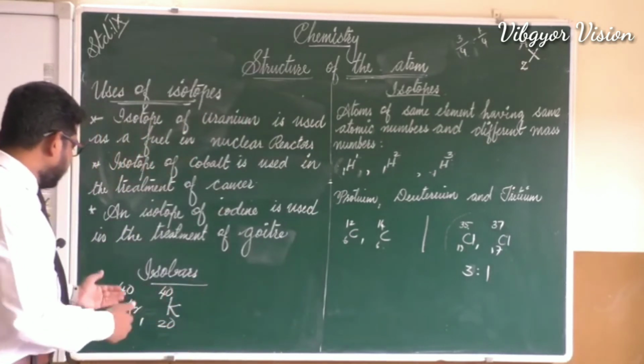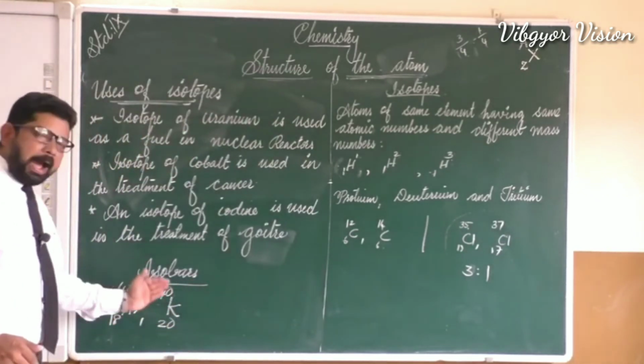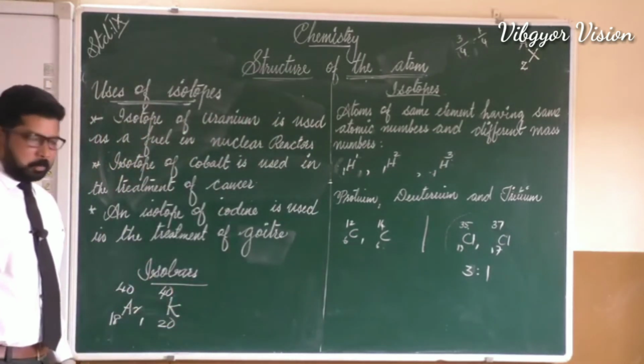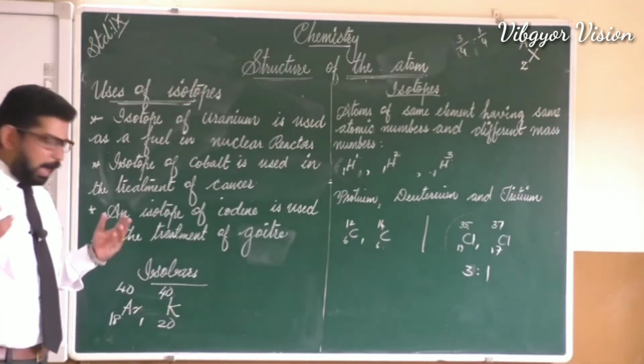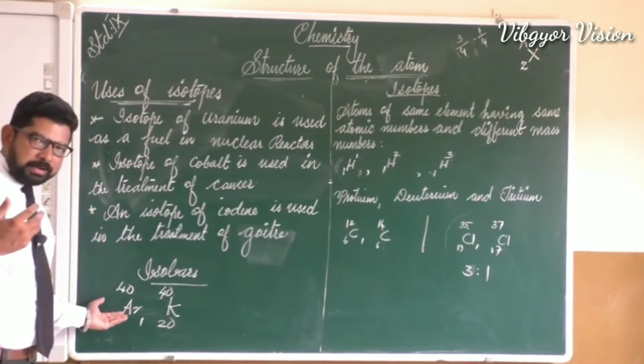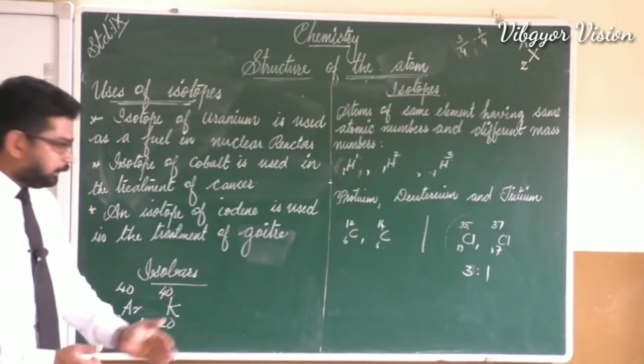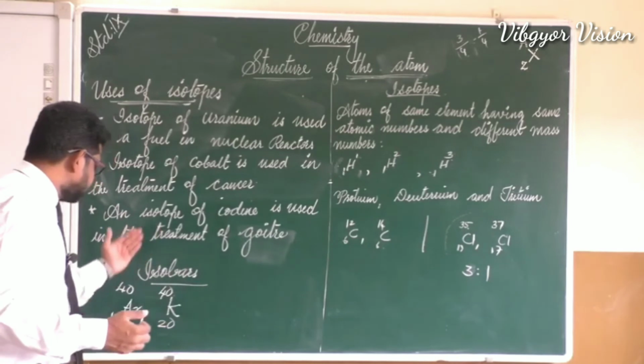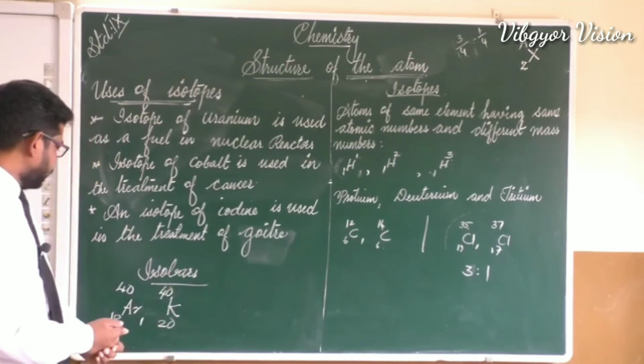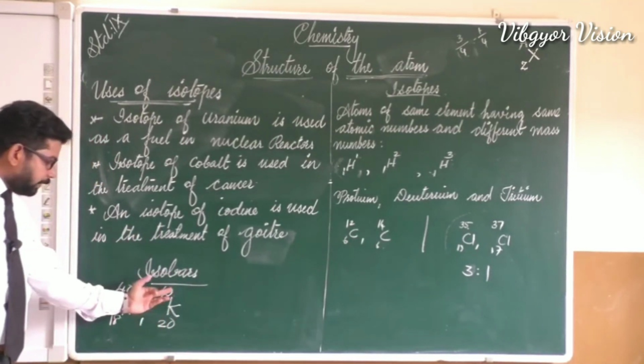Let's see one example. Argon and potassium. They are different. One element is argon and another one is potassium. They are the atoms of different elements. This is argon and this is potassium. See, observe their mass numbers.